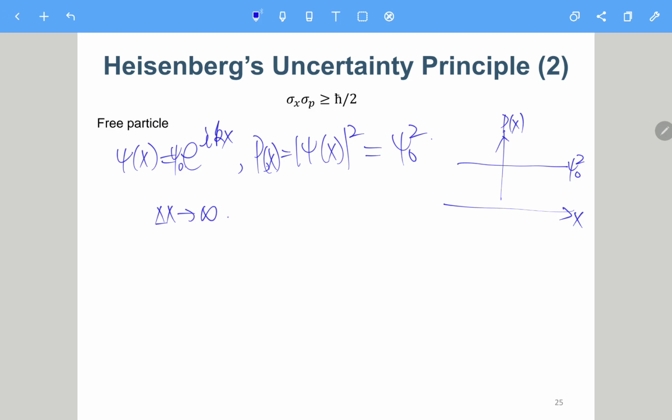The error is really large because this is equally distributed over the space, over the x-axis. And even though you have delta p equals 0, then of course you have something called an indeterminate form.